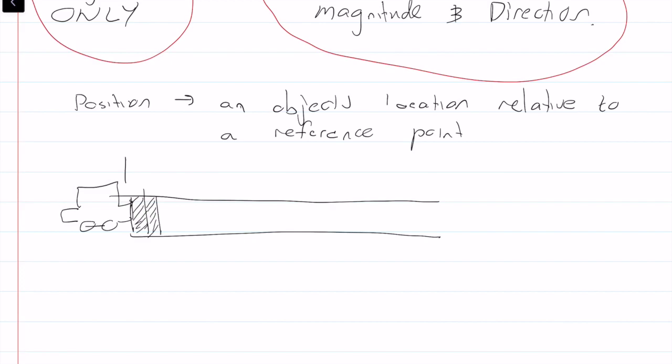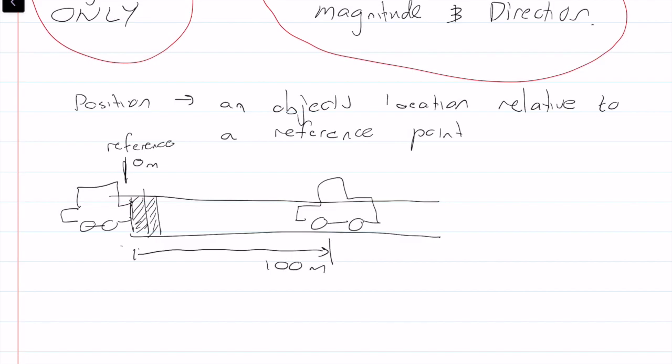We give it a value of 0 meters, because we're deciding on direction. When the car is here, it's some distance from the reference point, let's say 100 meters. So the position of the car at this point equals 100 meters.